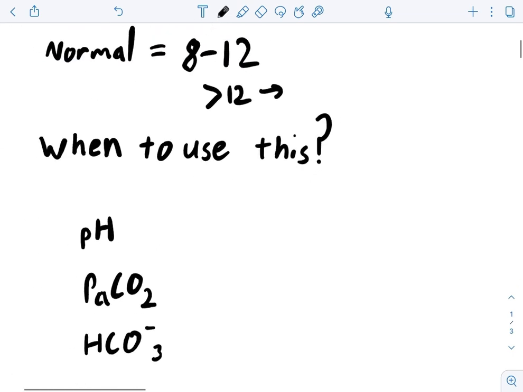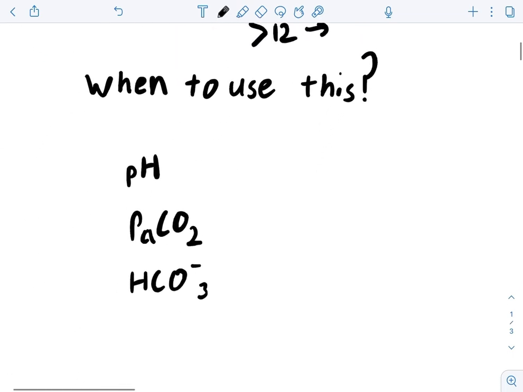So the next question is, okay, when exactly would I need to use the anion gap? So this comes into play if a patient has a metabolic acidosis. So not for a respiratory alkalosis, not for a metabolic alkalosis. You use this in a metabolic acidosis. And the reason is because the anion gap can help differentiate why exactly a patient is acidotic.